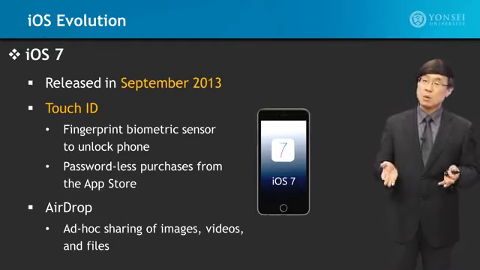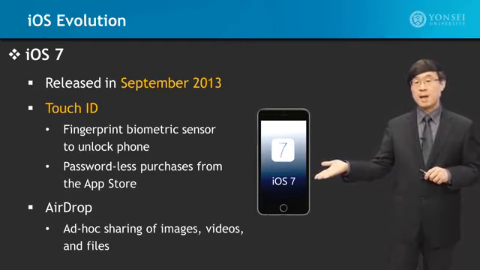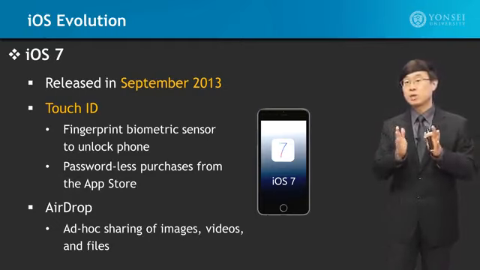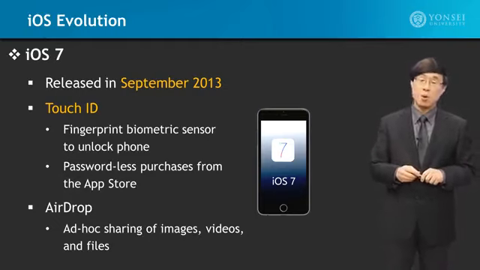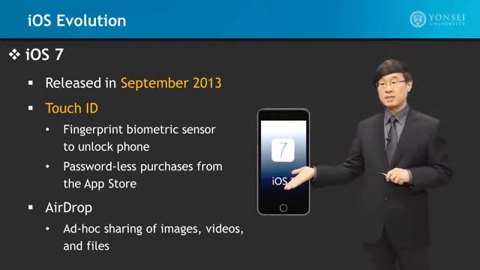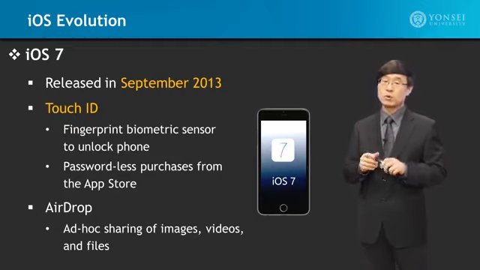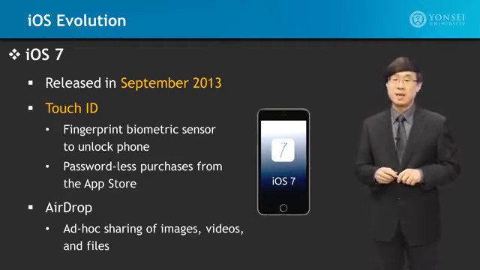In some social network applications, you could share images and videos. However, in some cases, they would reduce the resolution of your video or image. One of the characteristics of AirDrop is that you could send images and videos at their original resolution. And therefore, AirDrop became very popular.